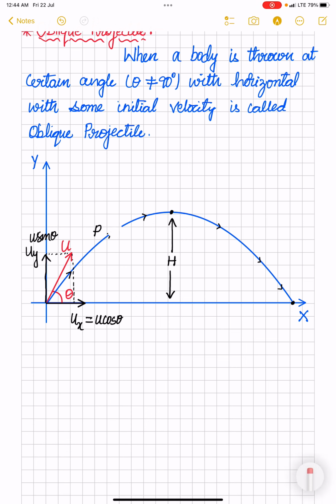Already we know this, because for a curved path, the direction will be along the tangent only. So say this is your tangential path, and this is the velocity v at that particular point. Again it is going to have two components: one component along the horizontal, vx, and another component along the vertical, vy.